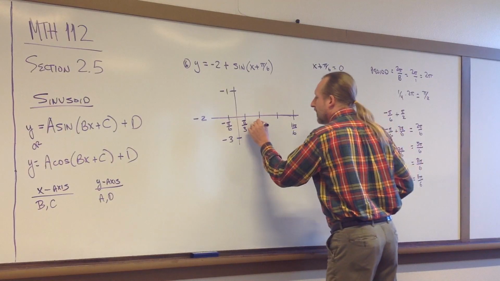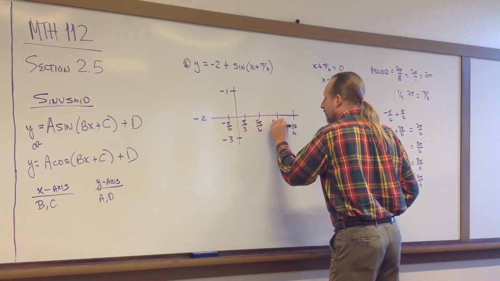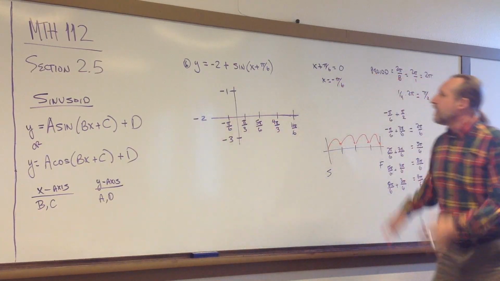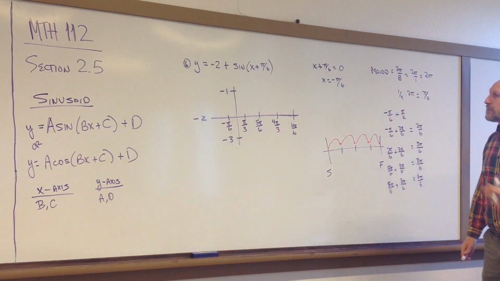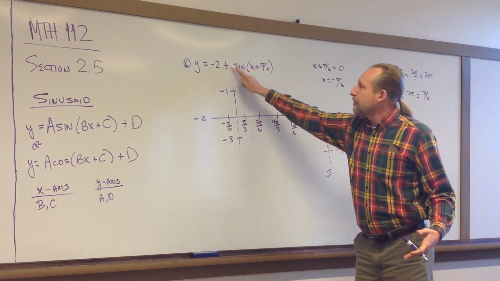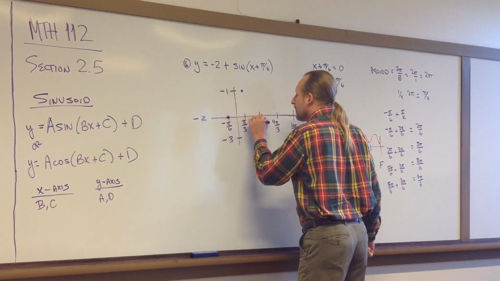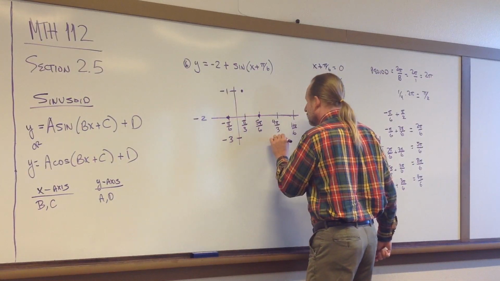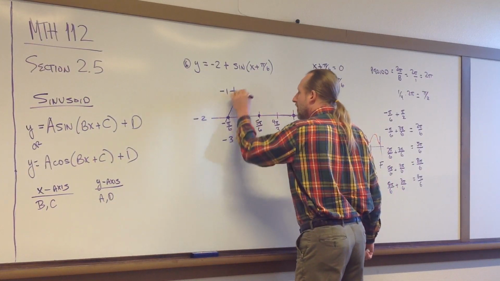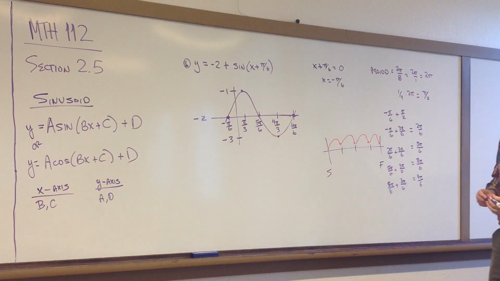And then 5pi/6. 8pi/6, that's 4pi/3. All right, so now we've got the axes all set up. We've got the x-axis, we've got the y-axis. This is a positive sine function, so it'll start at 0, go up to the maximum, 0, minimum, and 0 again. All right, so that's problem 6.